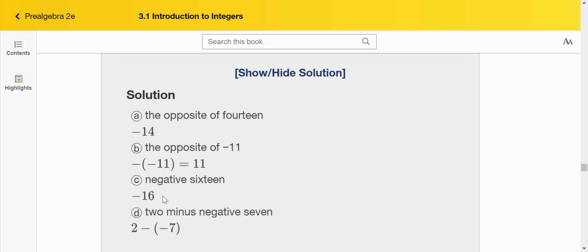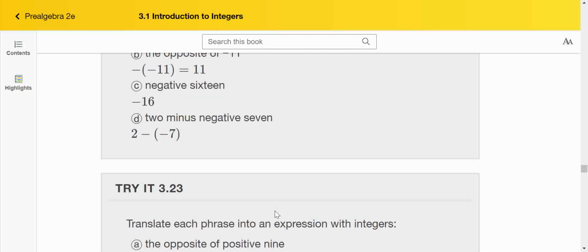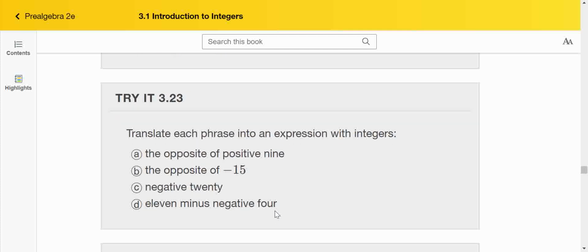When they ask for negative 16, it can be written directly, and D is an expression 2 minus negative 7. Some try-it problems.